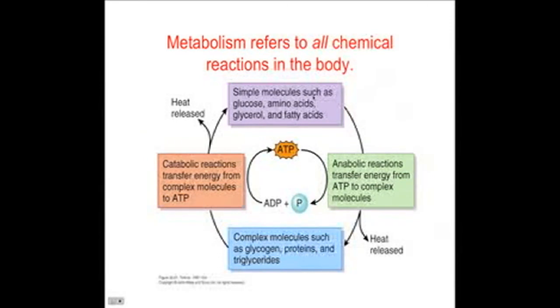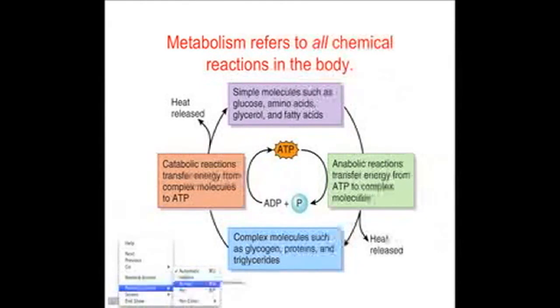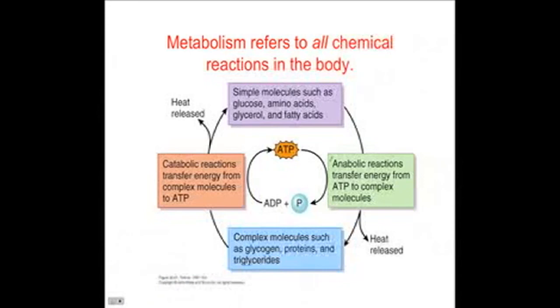We start at the top here with simple molecules such as glucose, amino acids, glycerol, or fatty acids, and we can use anabolic reactions and generate complex molecules with those.